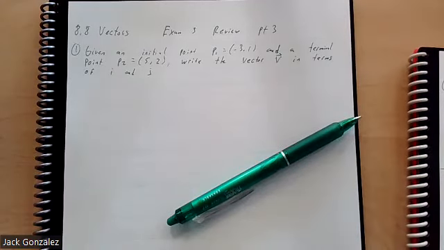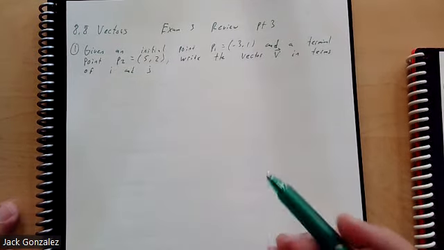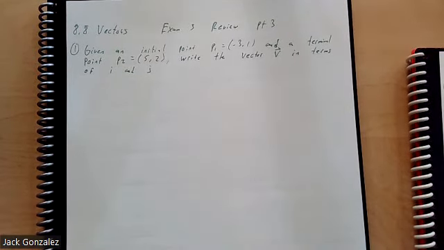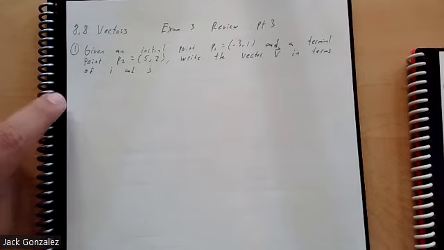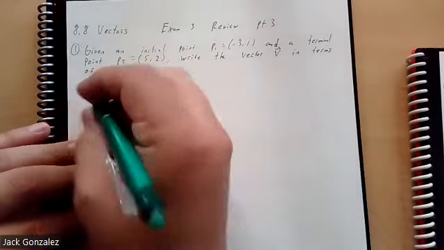All right, so we're just gonna do 8.8 vectors and try to pick some that are similar to questions you'll see on your exam. So I'm gonna use i and j this time, just so we practice it. Here we go.